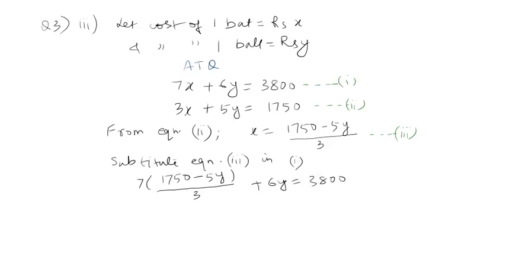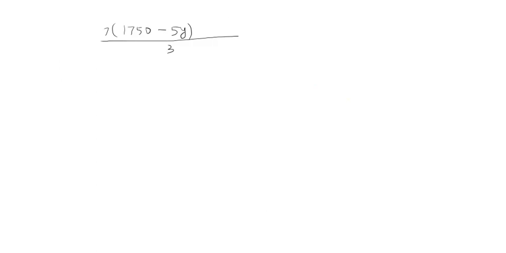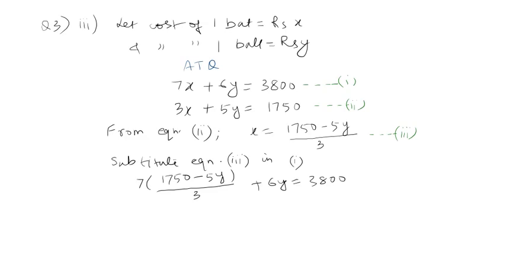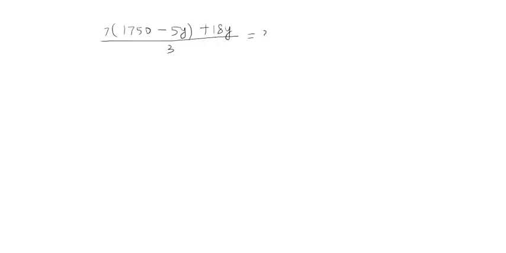Here it just remains 7, then bracket 1750 minus 5y, and this will be multiplied by 3, so that means here we will have 18y is equal to 3800. So now 3 can be transferred to this side, and this has to be multiplied by 17.